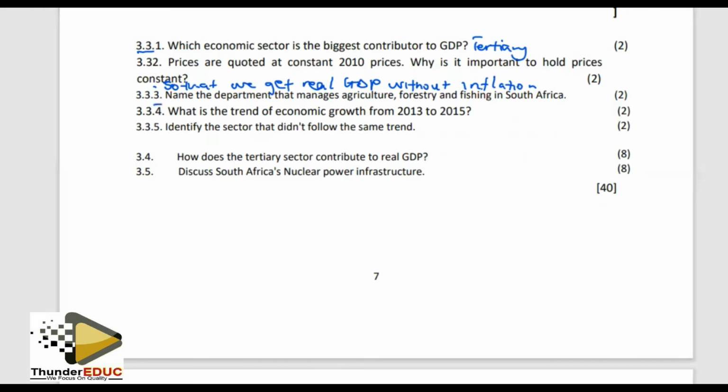That department is known as the Department of Agriculture, Forestry and Fisheries.